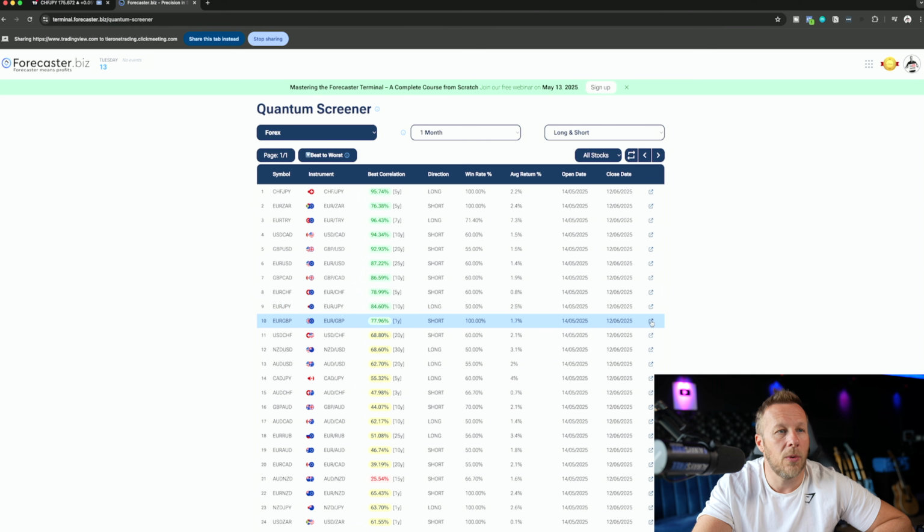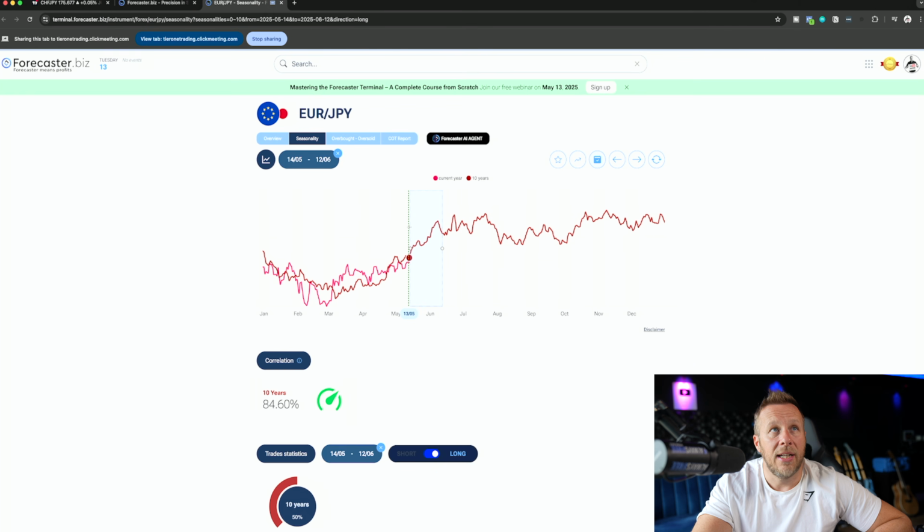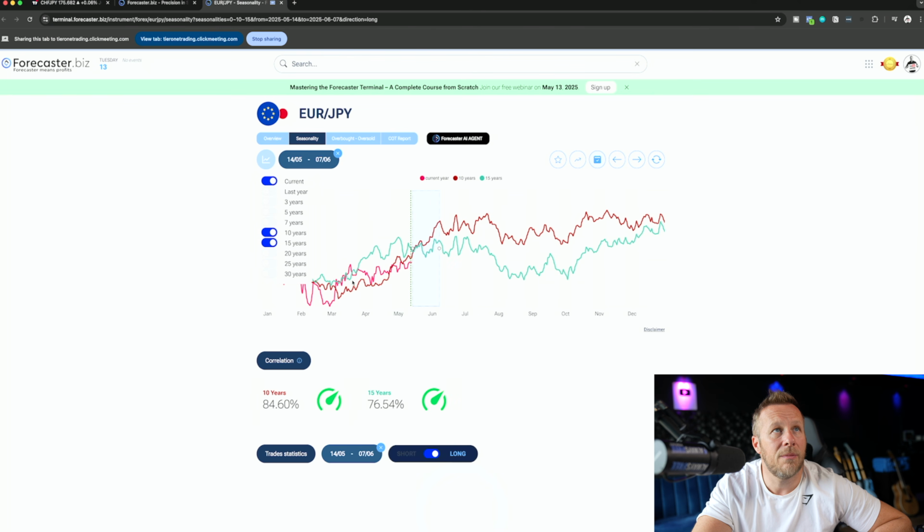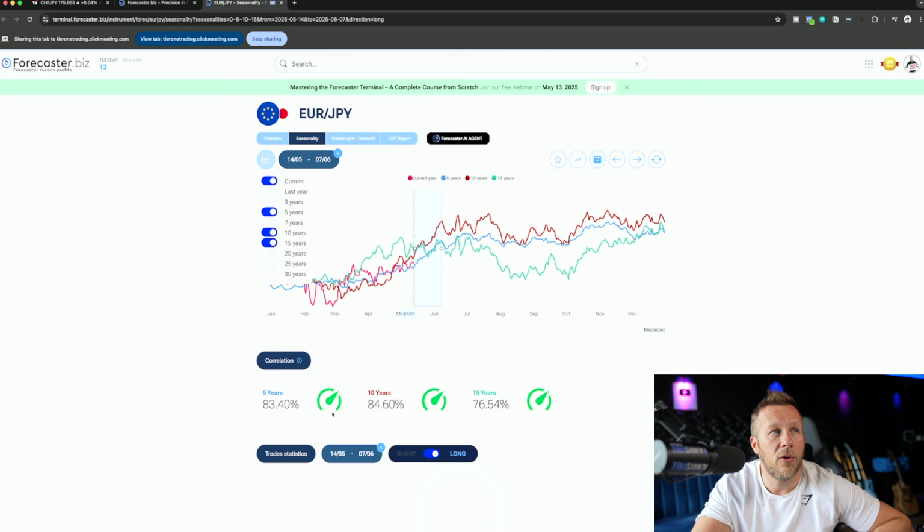So let's take a look at this one. Now, if we go over and take a look at this, again, we can see this is to the 12th of June, but if we go back and do the same period that we did on the last one, and we go to, say, the 7th of June, we can still bring on that seasonality again, right? Let's add on a seasonality here. So we've got 84%, 76%. You can bring on the 5-year as well that we had before.